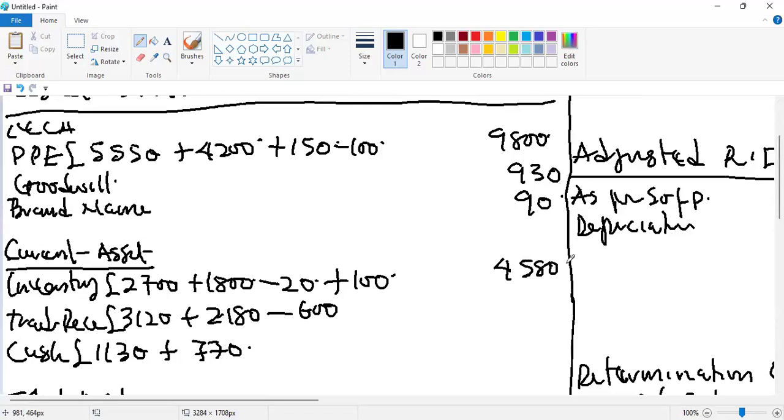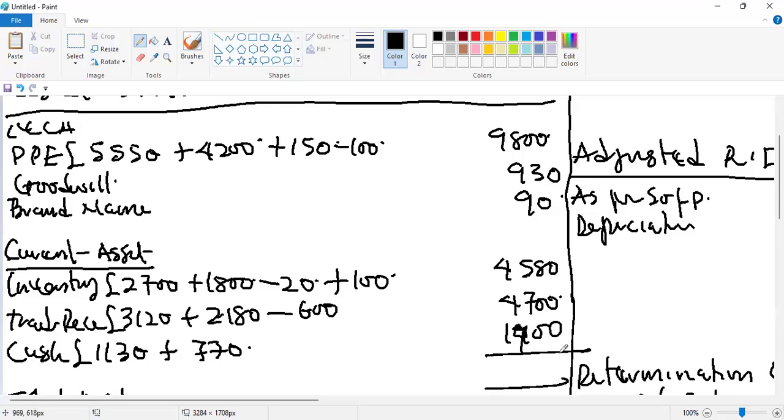Then trade receivables: you have 3120 plus 2180 minus 600. Then cash: 1130 plus 700.